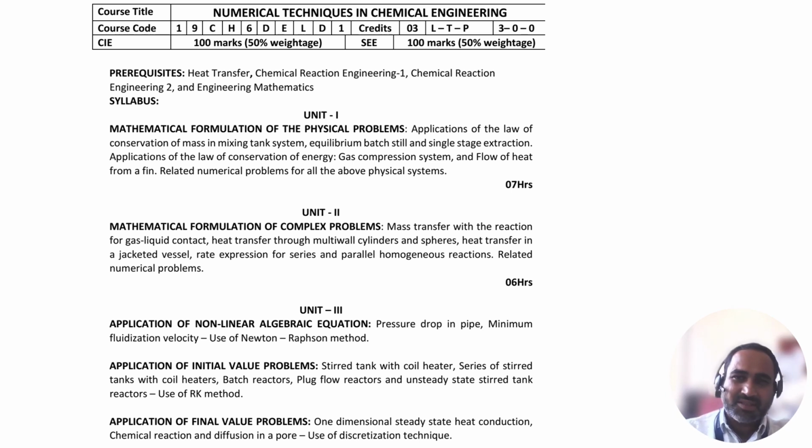For the same system, suppose some exothermic reaction is happening in that liquid mixing system, in that case we need to write the energy balance equation. That also ends up with some mathematical equations. By simultaneously solving these equations, we can examine how the independent variables are affecting the dependent variables, basically in unit 1 and unit 2.